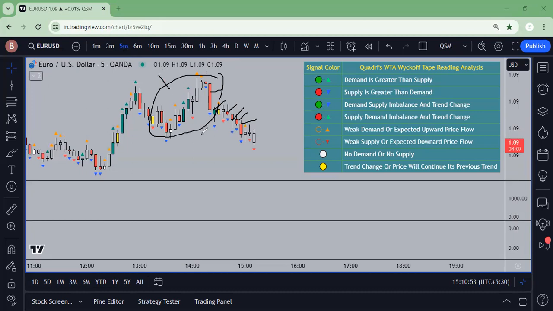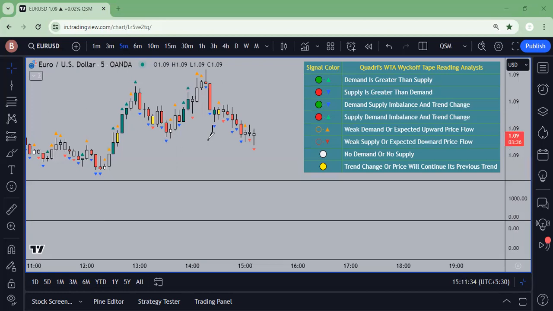Initially it will be complicated for you, but if you use this analysis dashboard, it will make a lot of money for you. I will not say it will increase your winners, but for sure it will reduce your losers, and it will help you stay in the trade and take well-informed decisions, whether the wind is in your favor or against you.